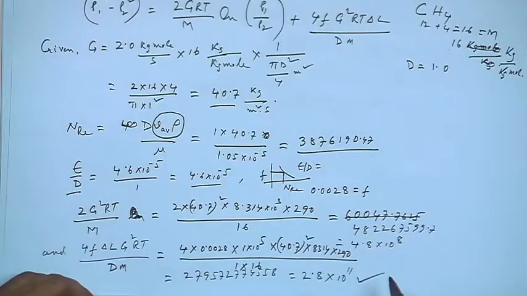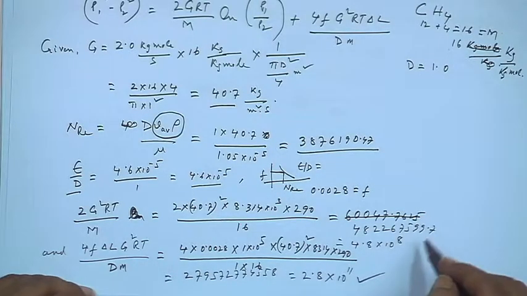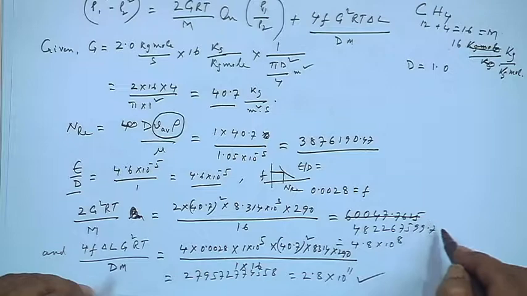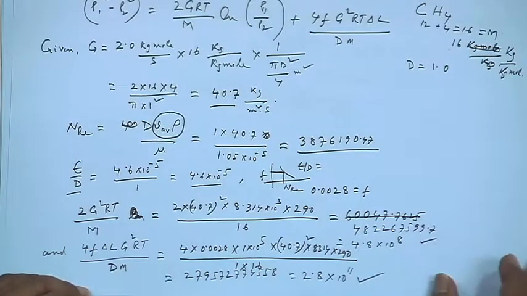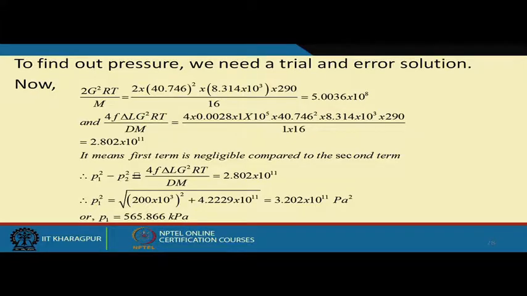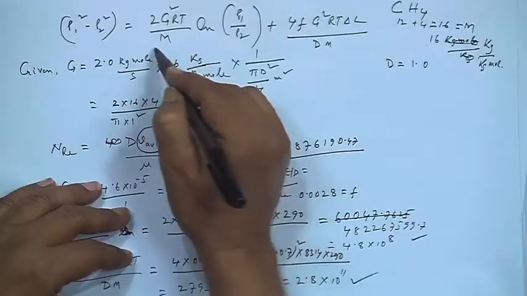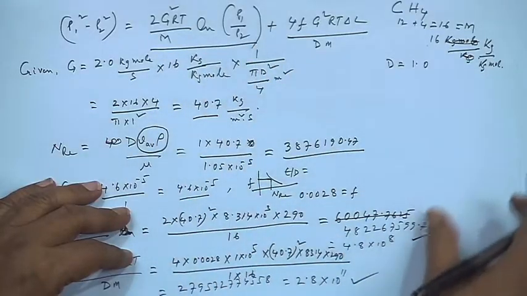So what we can do is neglect the first term, that is, we can neglect this term, P1 by P2 ln of this.